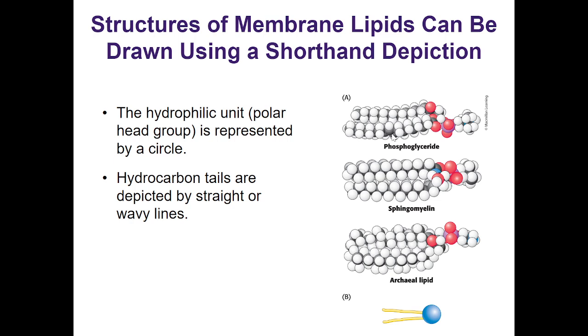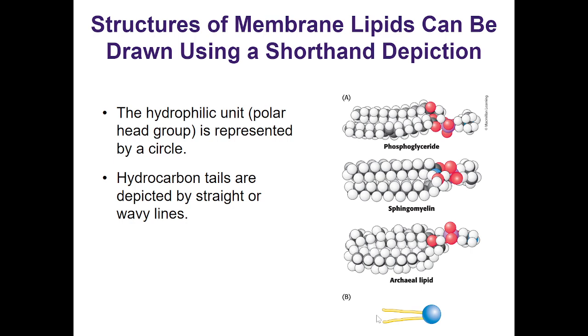Notice that this one has unsaturation. See that? There's a double bond in that one, and so that would have a kink in it. You can actually see the kink down here. Okay. Can everybody see that? You can kind of see how these would work in a cell membrane, wouldn't they? So they kind of scissor each other like that.